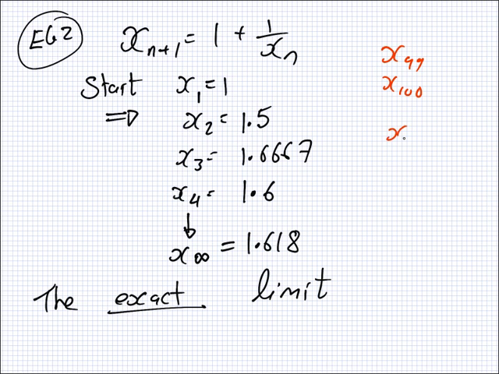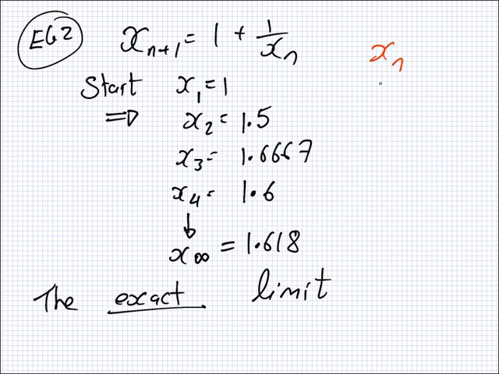And what about the difference between x1000 and x1001? Smaller even, I would say. Because, for example, what was the difference here between x1 and x2? A half, 0.5. Whereas the difference here is 0.018.